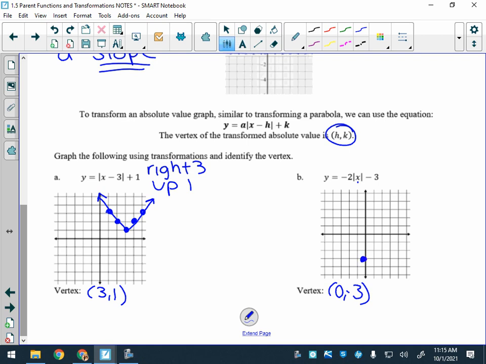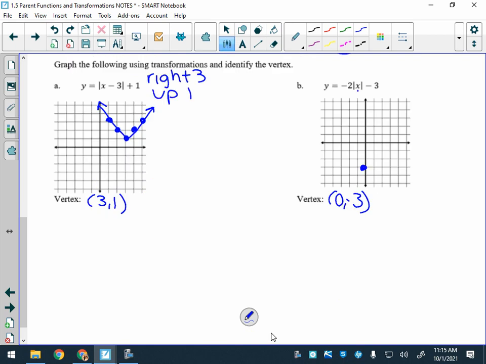What transformations are happening? Someone else. Let's go. Yep. Vertical stretch because of the 2. Good. Vertical stretch by 2. What else? Charlotte. Reflection. Awesome.